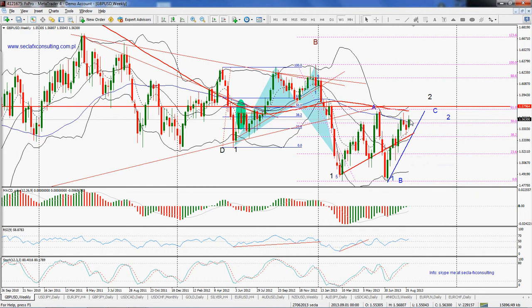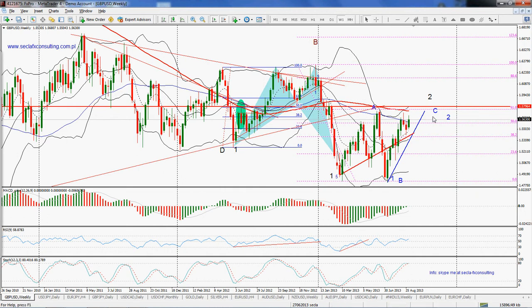On the weekly we have a green candle. I'm expecting here an ABC, and that could be the second corrective wave, ending around this 61.8 level, which would be quite typical for the second wave, and then we can see some strong downward movement for the third wave, if it's the case.